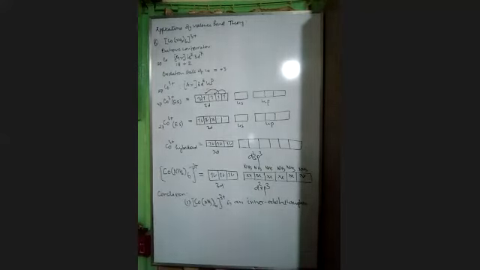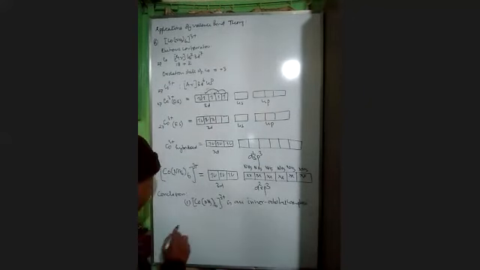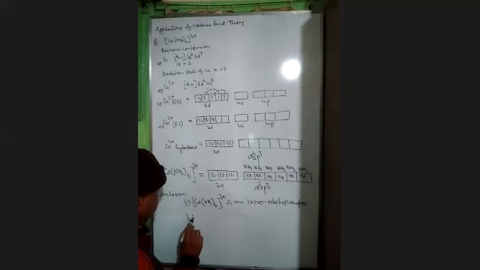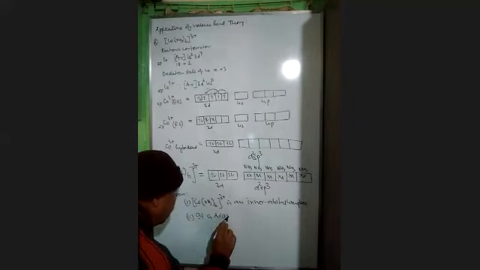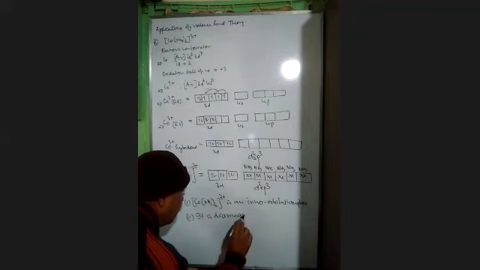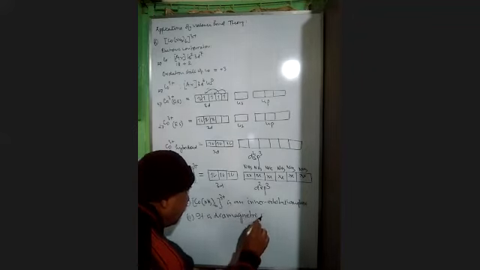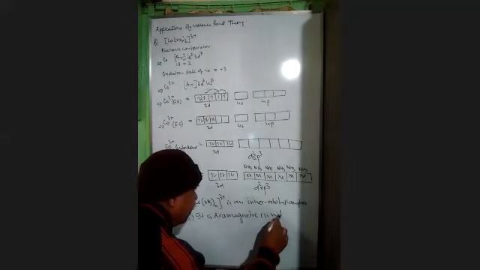Does it have any unpaired electron? No, it does not have. So what will be its magnetic property? It is diamagnetic in nature.